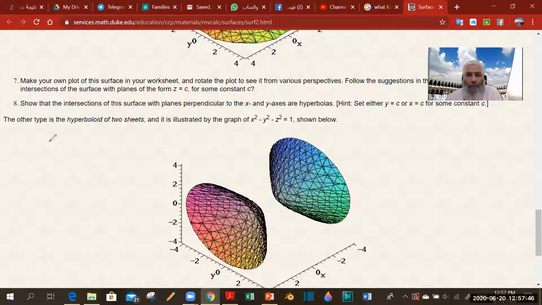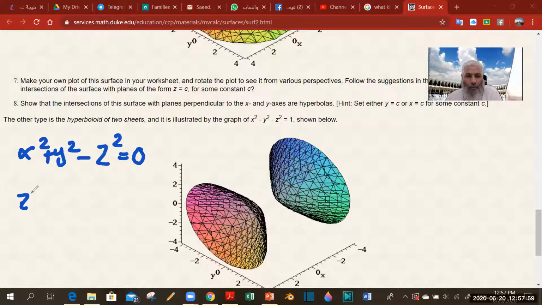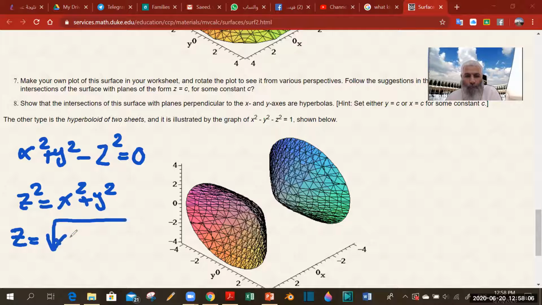If we have x squared plus y squared, let's say minus z squared equals 0, then z squared equals x squared plus y squared, right? So z equals root x squared plus y squared. Here, this is x squared minus y squared minus z squared. This is not our case too.